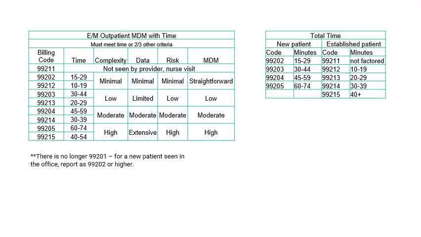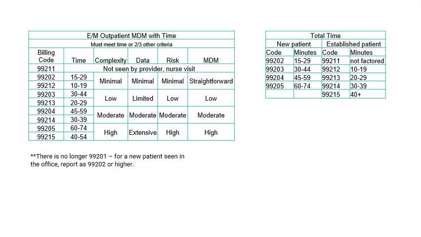You review their chart. You go on to the state website to ensure that, say for example, the patient is on Adderall and they haven't been prescribed medication elsewhere. It's perhaps a 20-minute visit, which would fall under the 99213 category.